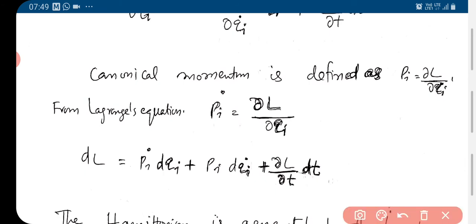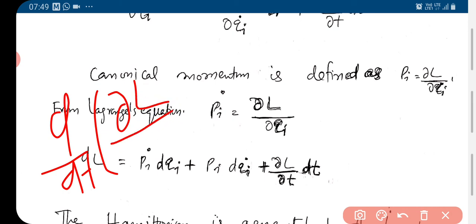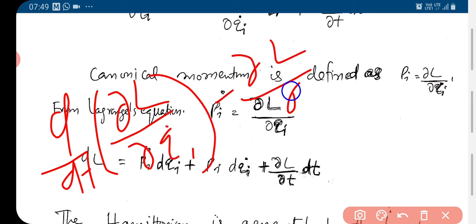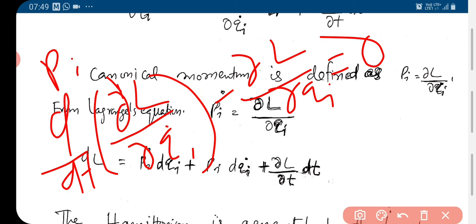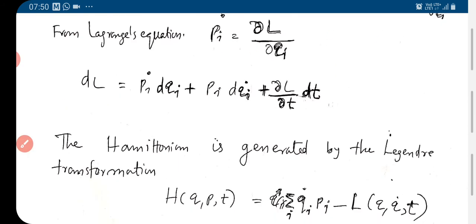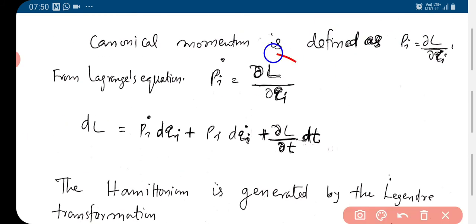So from Lagrange's equation, d/dt of ∂L/∂qi dot minus ∂L/∂qi is equal to 0. ∂L/∂qi dot is now pi. So d/dt of pi, that is pi dot, will be equal to ∂L/∂qi.